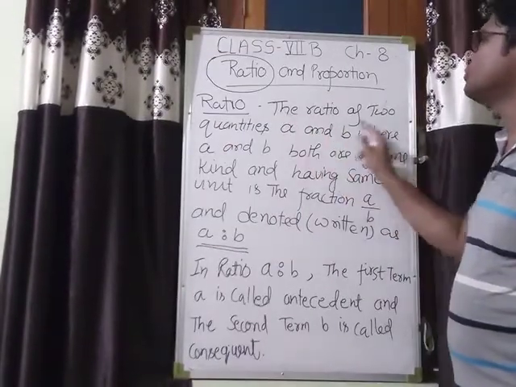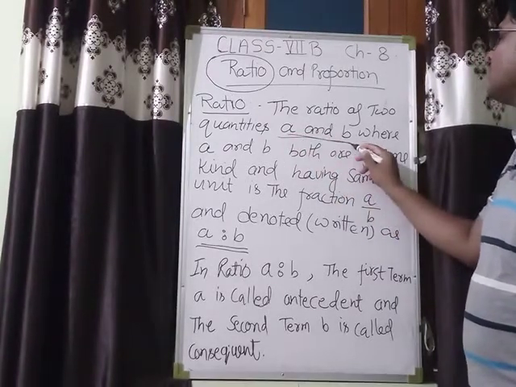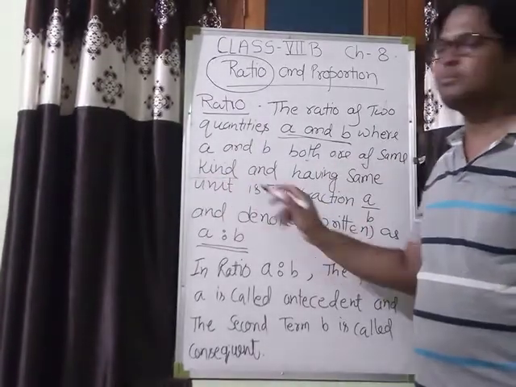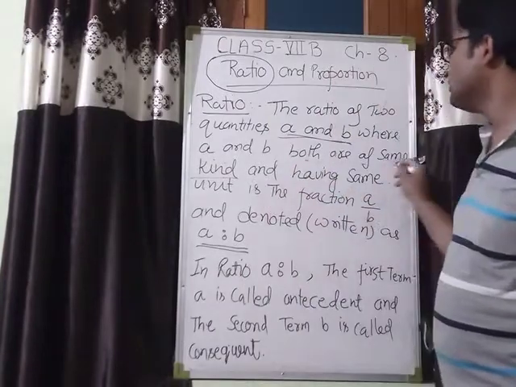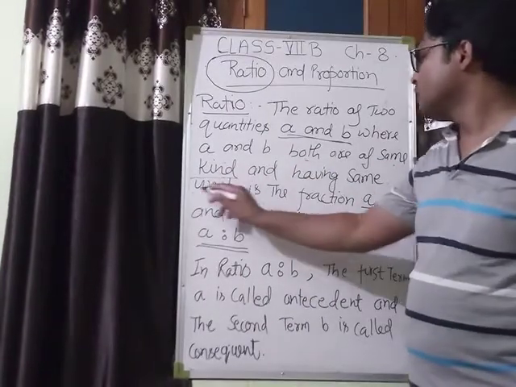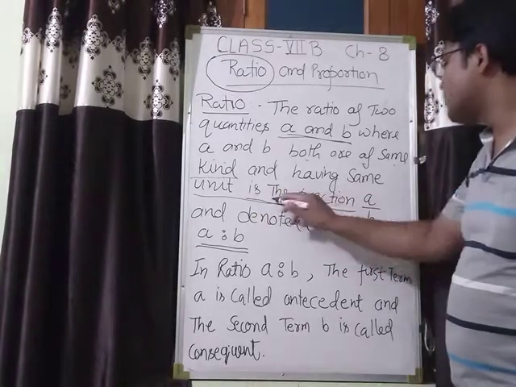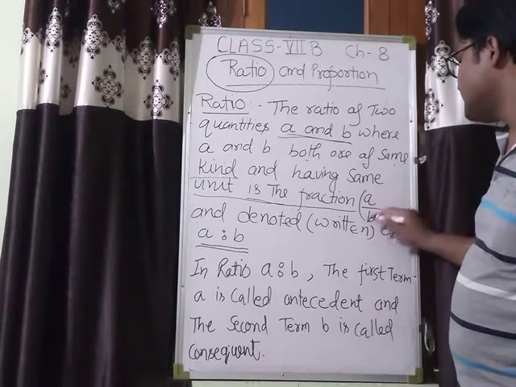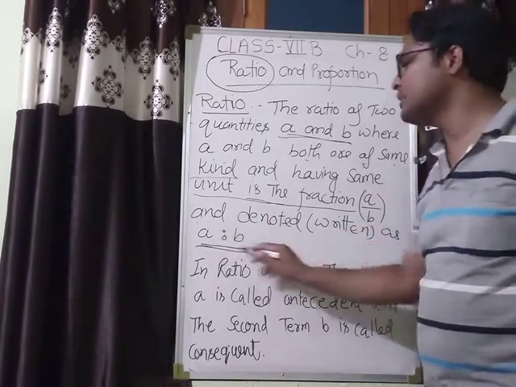The ratio of two quantities A and B, where A and B both are of the same kind, same kind means they have the same units, is the fraction A upon B, and denoted or written as A is to B.